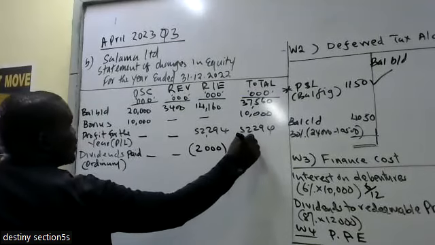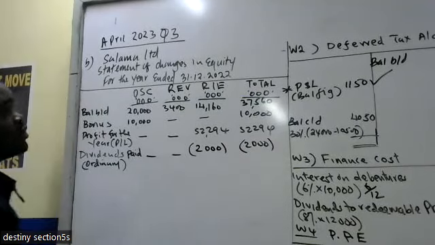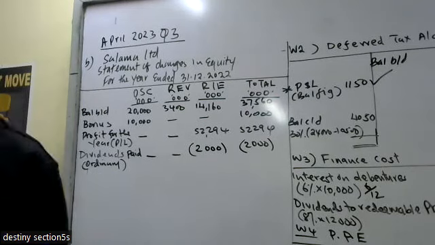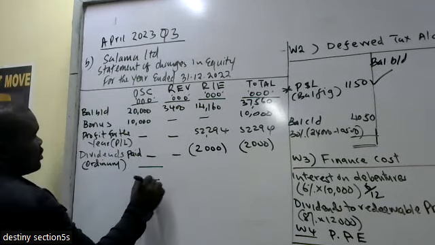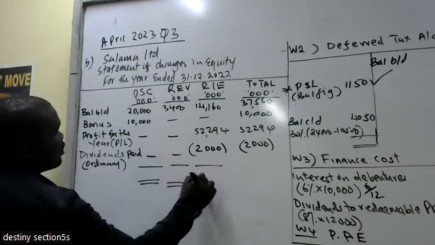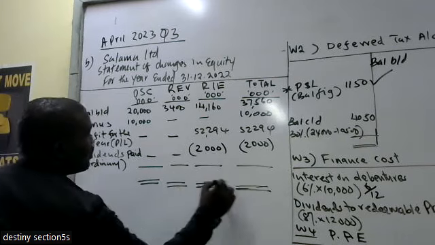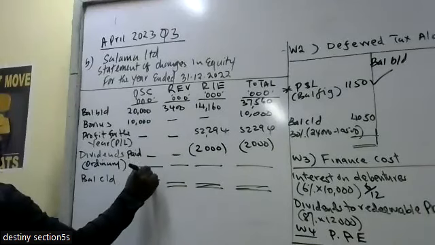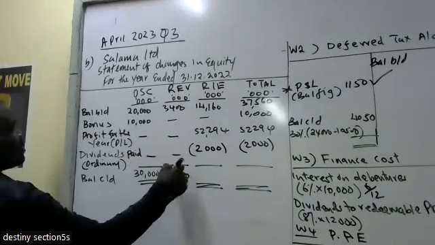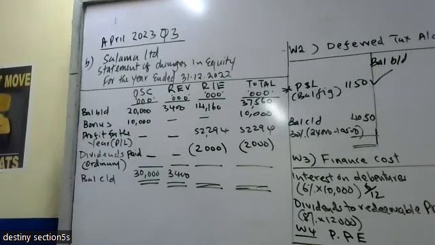I will only subtract that one. In the current standard, we are told what you have proposed, you have not paid. Therefore, you should not bring it to the retained profits. So give me the balances carried down. So balance carried down, 30, 34. Give me the last two. Help me with the last two.